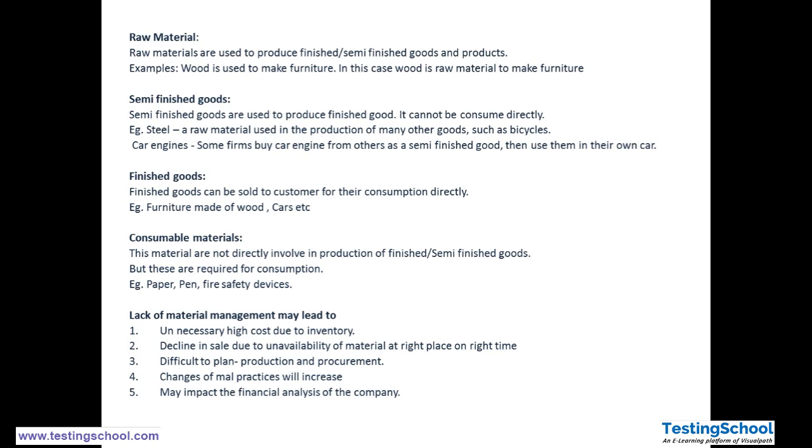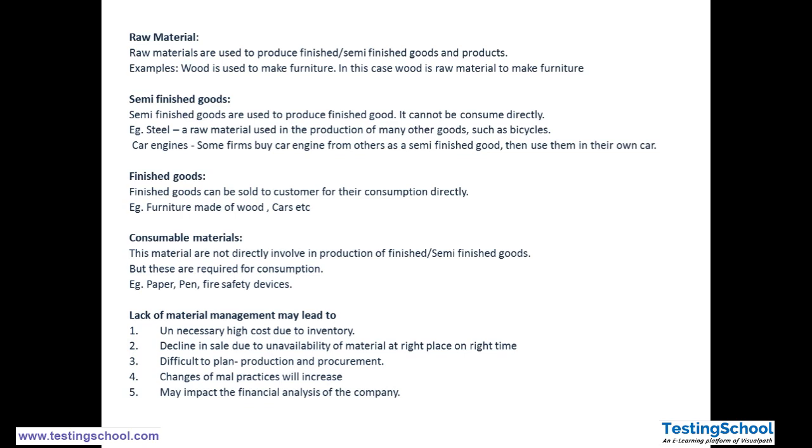Consumable materials are not directly involved in production, like water, paper, pens, fire safety devices, but these are required for consumption. As I was iterating, lack of material management may lead to unnecessarily high cost due to inventory. So your money is stuck in inventory and you are running out of money to put into other places. And cost of capital is increased because stock is ready in the inventory, but you cannot utilize that stock.